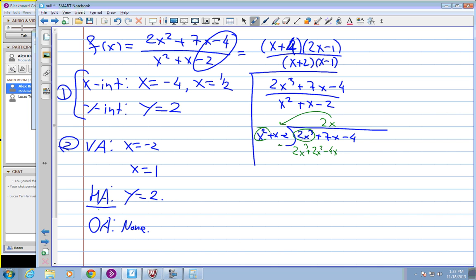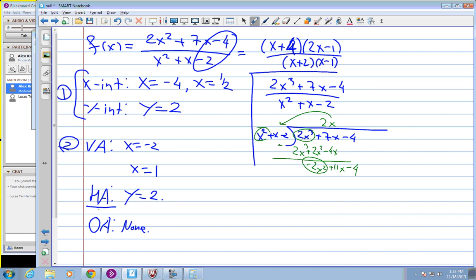So when I subtract, 2x cubed cancels with 2x cubed. Since there is no square term, it's really a 0x squared. I'll end up with negative 2x squared. And then 7 minus negative 4 is 11x. Then you take negative 4 down, and you repeat the process.